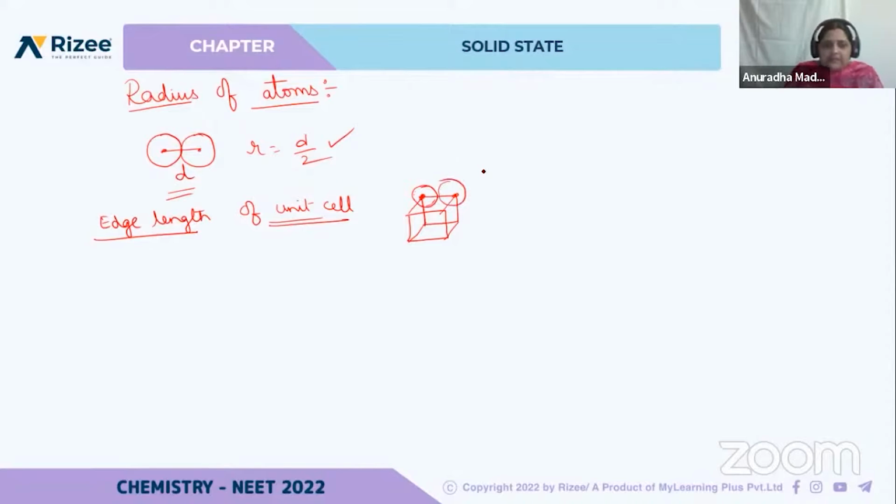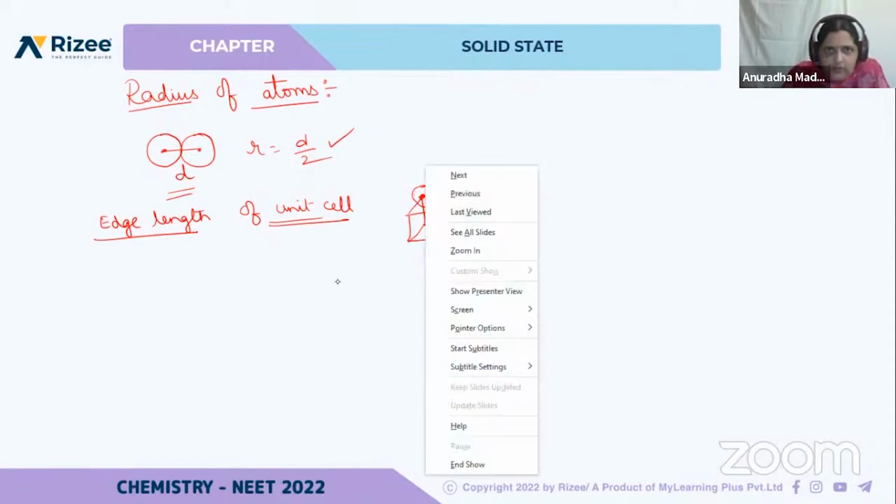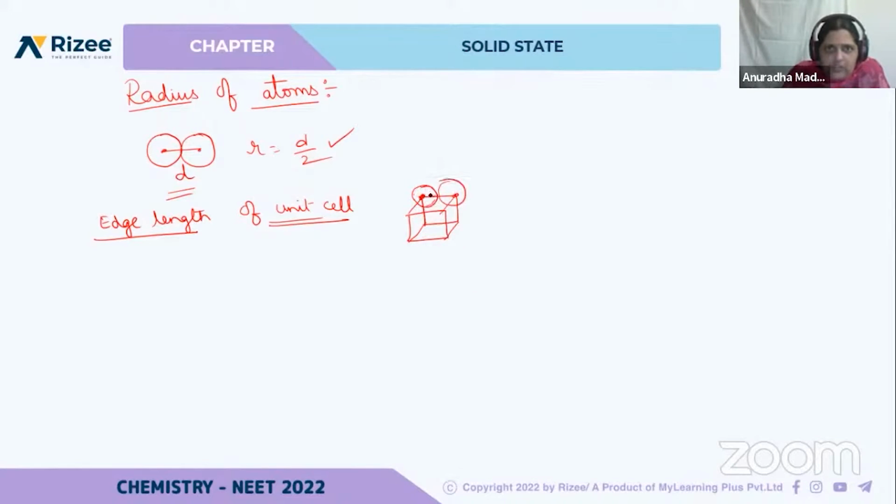If we consider the radius of this one, from this point to this point, this is R, the radius. And for this atom, the radius is from this point to this point. This is R. And the total length is known as A, the edge length. So what conclusion did we come to here? A, the edge length, is equal to 2 times R.